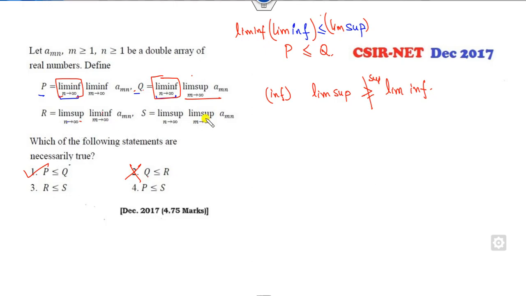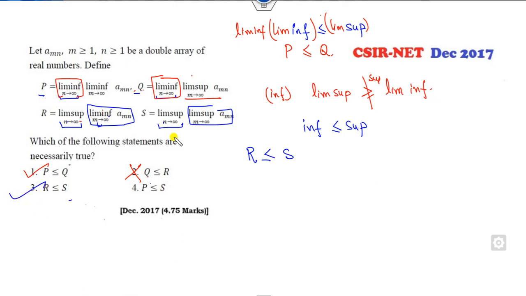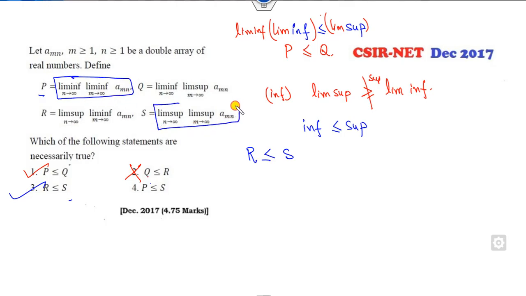R and S. Here you can see the supremums are the same. So clearly this infimum is less than the supremum; always remember the infimum is less than the supremum. So definitely S is greater than R. P and S: we again know the supremum is always greater than the infimum.